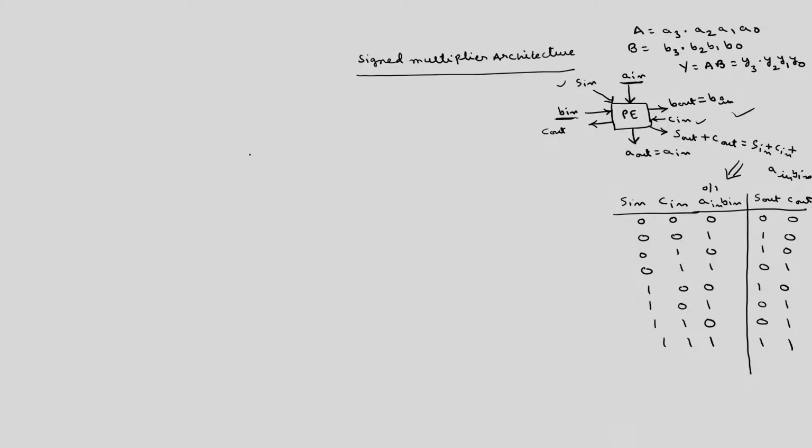If I take the overall architecture of this, this is one processing element, this is another processing element, another processing element. We are going to repeat the same processing element throughout the system. So, this is called modular architecture.